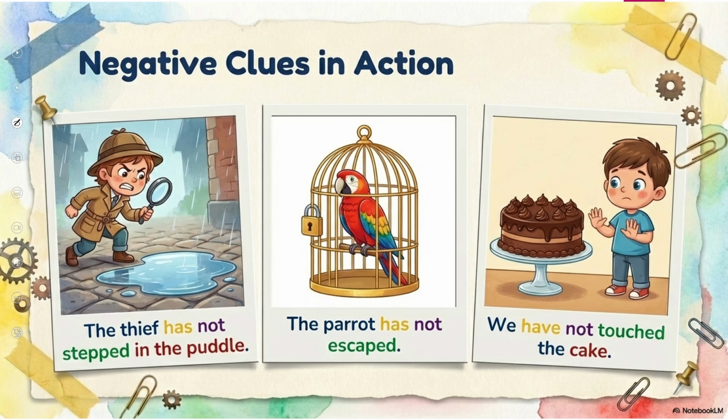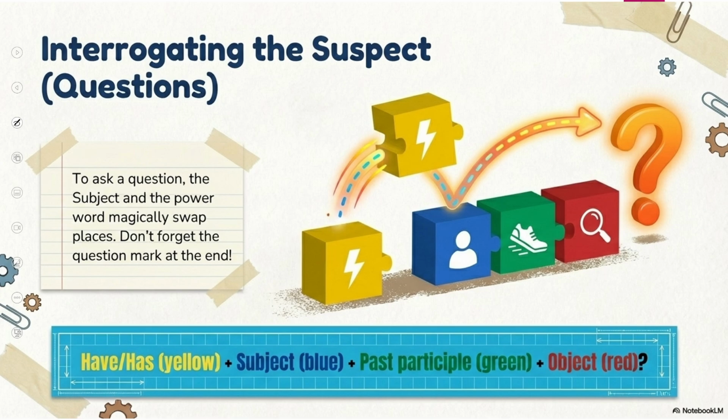For example, the thief has not stepped in the puddle. The parrot has not escaped. Again, we add not in it to make it negative sentence. Then lastly, we have not touched the cake. Here again, we are denying the fact that we have not touched the cake.